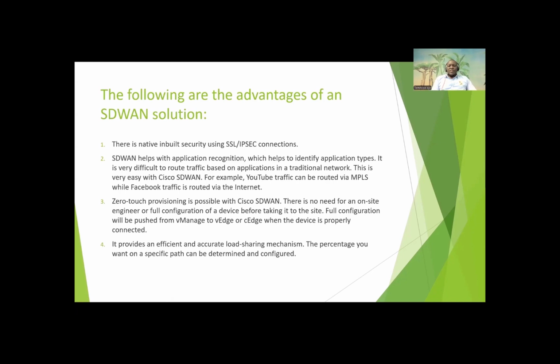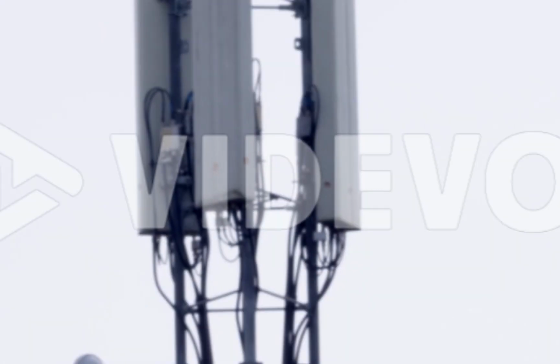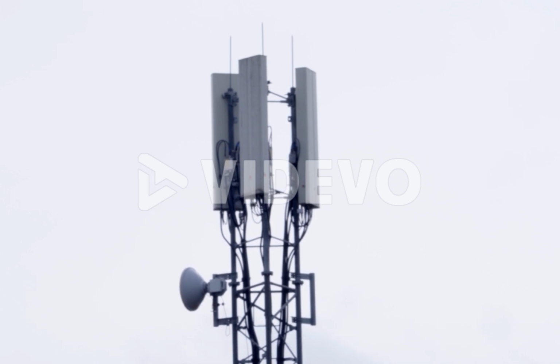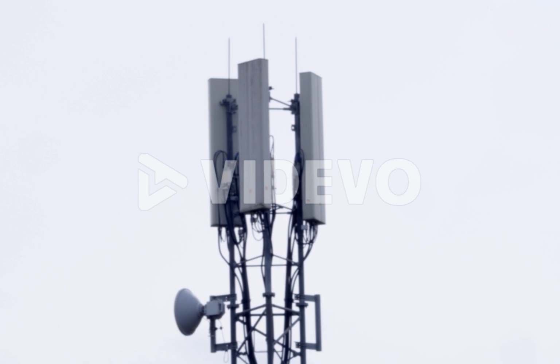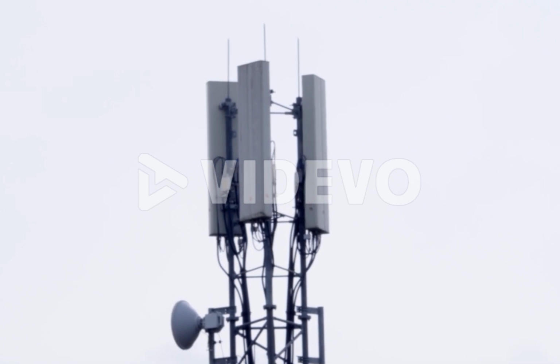So another advantage that SD-WAN would do for you, just like I told you, is it helps you to do accurate load sharing. So you can use all your ISPs at the same time. I mean, you can have more than two ISPs, and make sure that you are using all of them simultaneously.